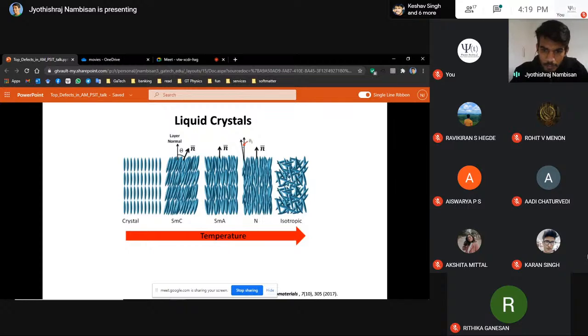So in between the liquid and the crystal, you have these different, exciting exotic phases known as liquid crystals, which are characterized by certain symmetries being broken, but not all of them. In this case, this would be the nematic phase, which we would be focusing on in this talk, where these rod-like constituent particles are aligned in one direction.